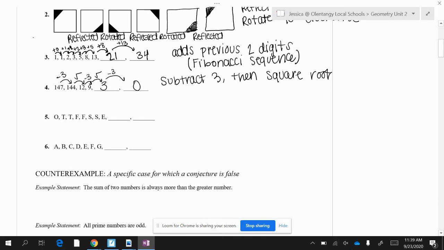Okay, 2 left. So on this first one right here, if I look at a couple letters here, try to find the pattern between them. If you want to try it, you can pause the video and then I will tell you what the pattern is. So this one is a little difficult. It's actually a really good example, but it is actually the first letter of the counting numbers.